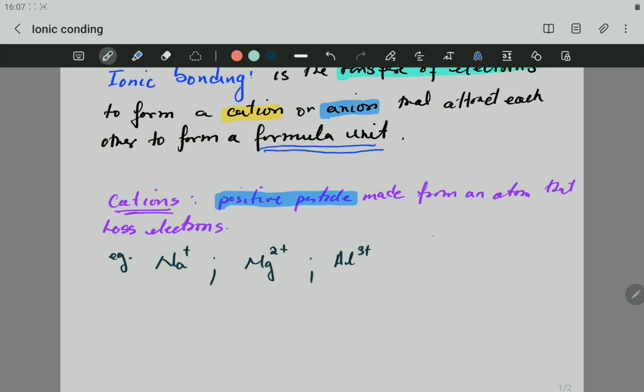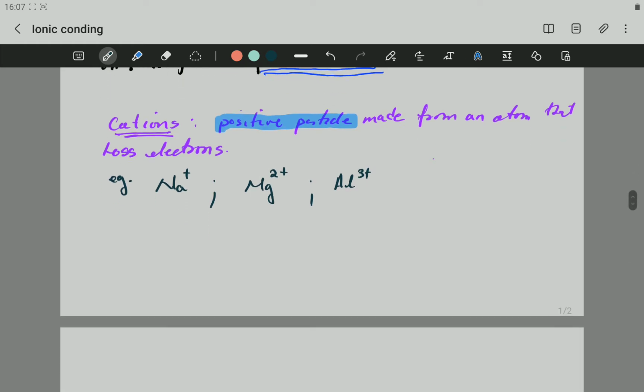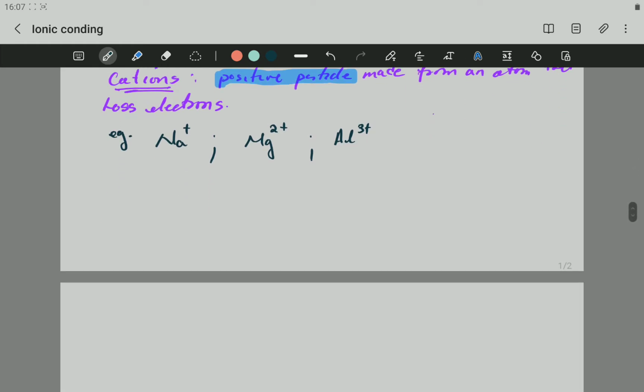Now, we need to learn how to write the formation of these cations using the Lewis dot diagram. Remember, in the Lewis dot diagrams, you have to represent the element and the number of valence electrons. So let's begin with sodium, the atom of sodium.